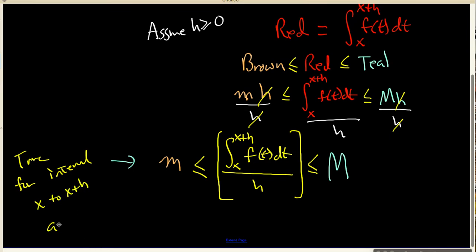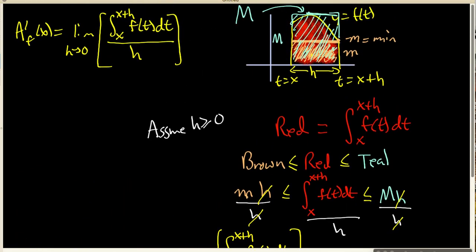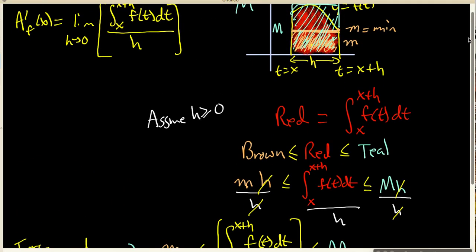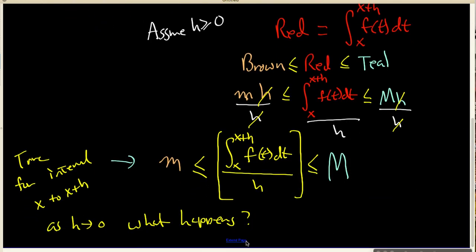Now, as h goes to 0, what happens? Well, I kind of want to draw a picture, and we're going to see what happens. Can I do the picture back up here? No, that one's too messy. So let's draw a new picture.